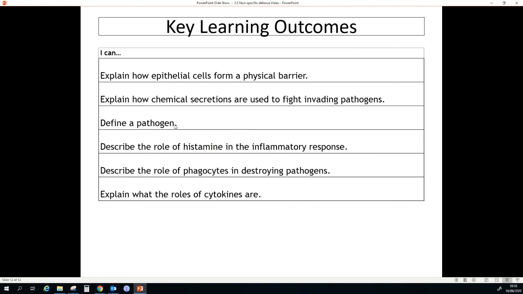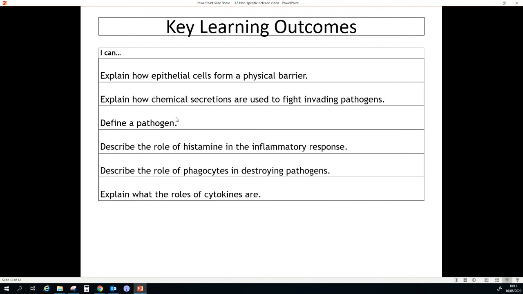Hopefully that's made some kind of sense. We understand the epithelial cells are the physical barrier, and that they're found in the skin, respiratory, and the digestive systems. We know chemical secretions are used to fight pathogens, and these are found in our tears, our mucus, our stomach acid and our saliva.